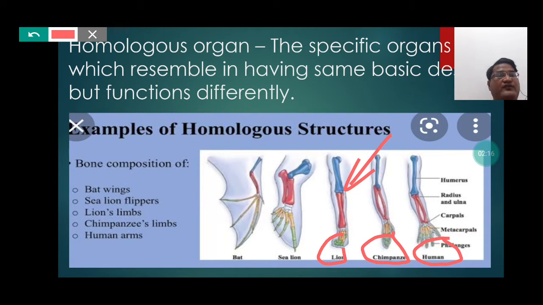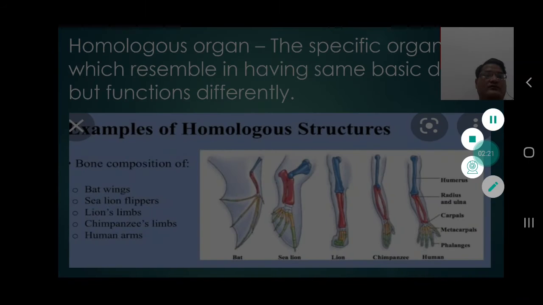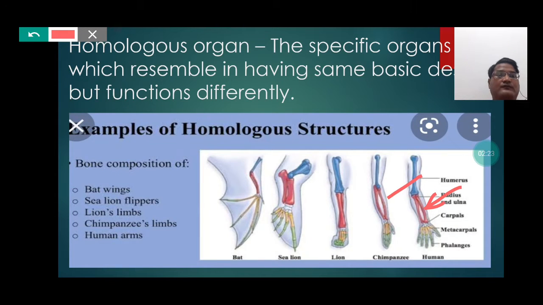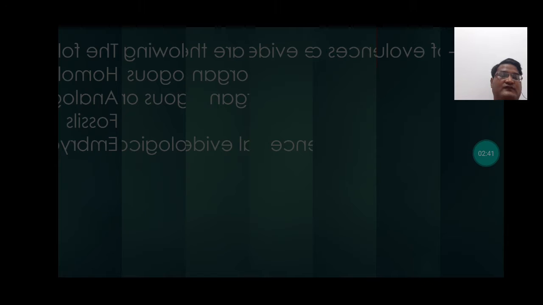So students, here if you notice, then in all of these three, the arrangement of bones is exactly the same. That is, you can find bones like humerus, radius, ulna, carpals and metacarpals, and finally phalanges.